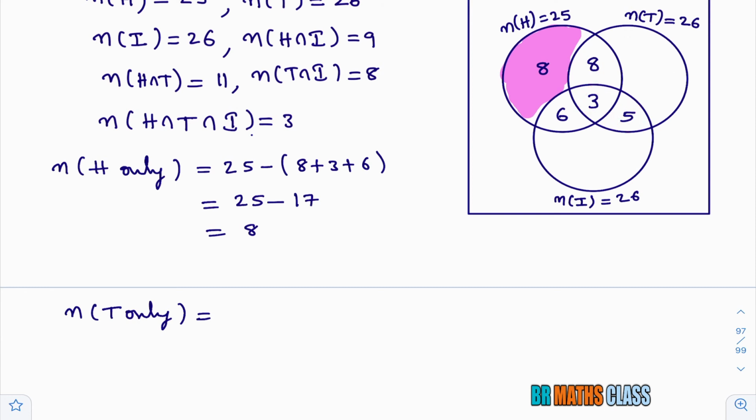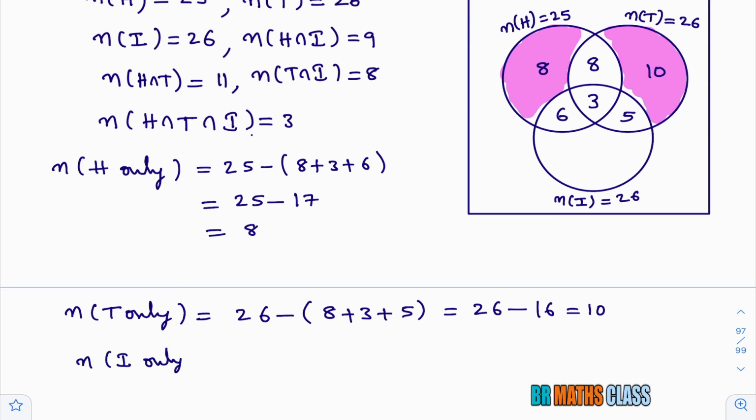So 26 minus of 8 plus 3 plus 5, that equals 26 minus, here 8 plus 3 is 11, 11 plus 5 is 16. So 26 minus 16 is 10. So I got this zone as 10. So the number of people who read T only is 10.